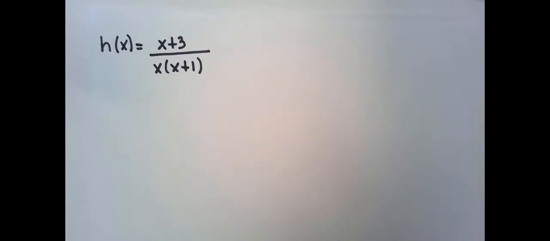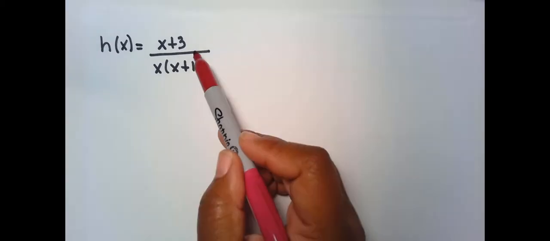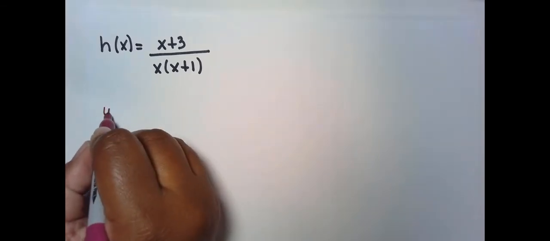We have here h of x is equal to x plus 3 all over x times x plus 1. Can we factor the numerator and denominator? No, we cannot. All right, so let's do some things here. Where will it be undefined?